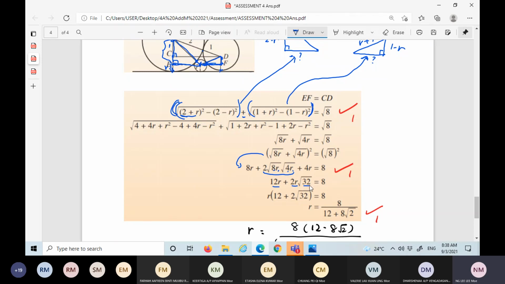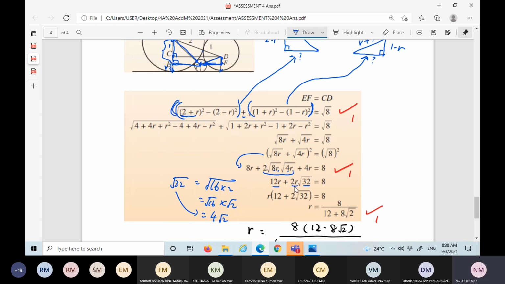I guess she's not copying because she gave me a wrong answer. Because you still can factor out 16. Square root of 32 is 16 times 2, and square root of 16 is 4. So this one you must change to 4 square root 2.